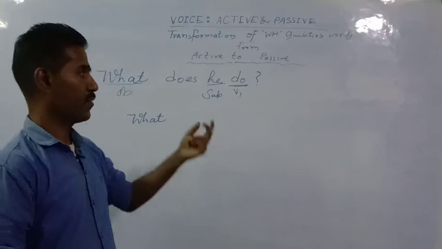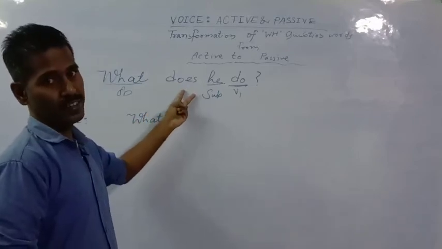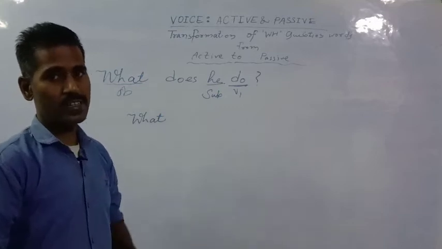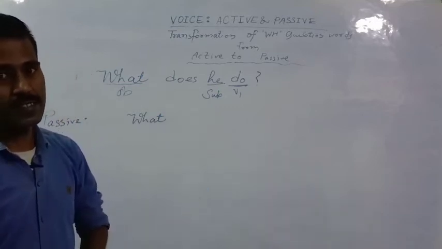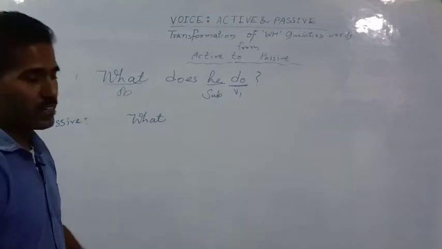If it is did, might, could, had, then it is past tense. If it is shall, will, then it is future tense.